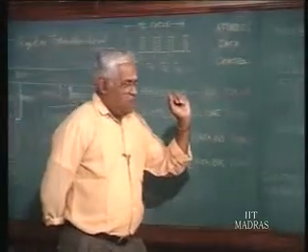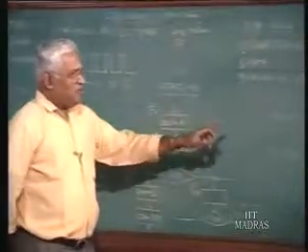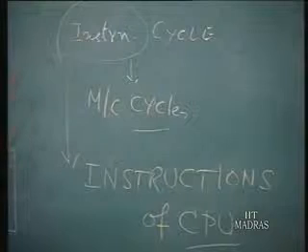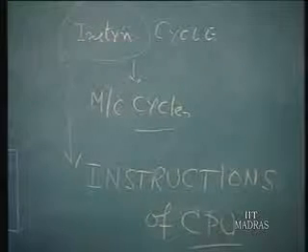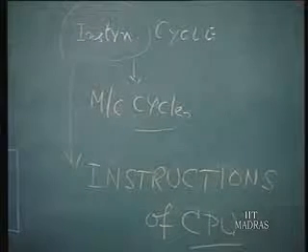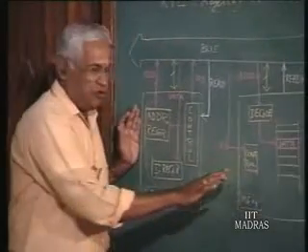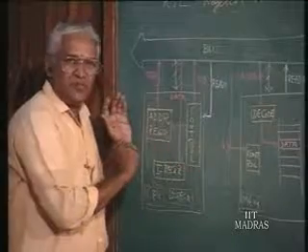Now the program is executed one instruction after another, which means from the CPU point of view, from one address to the next address and so forth. This is the normal sequence.